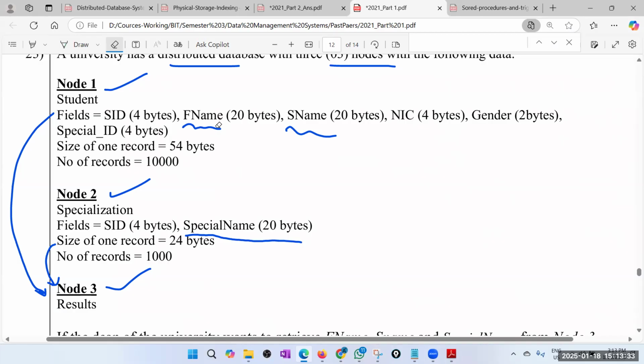So F name is 20 bytes, S name is 20 bytes, that is 40, but I need to take the primary key, otherwise I can't join. So 20, 20, 10, 4, that is 44.